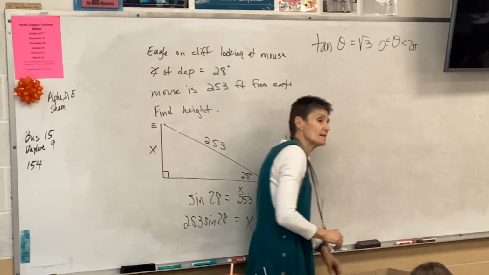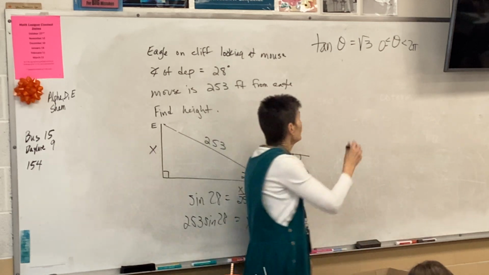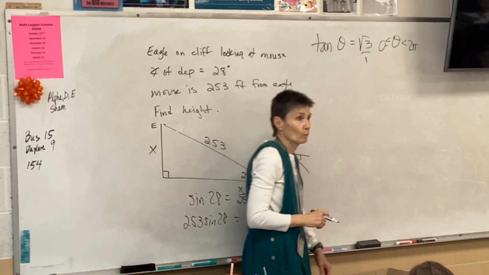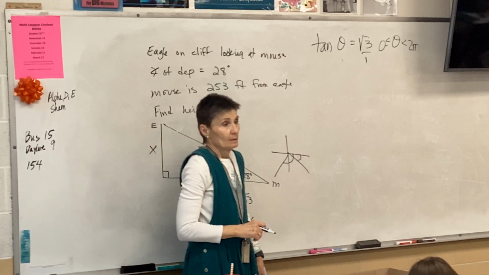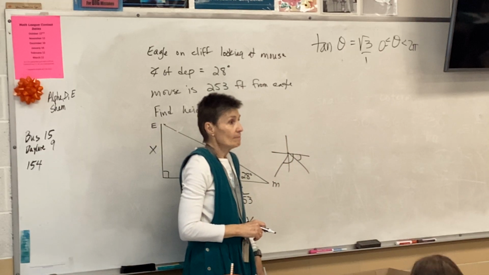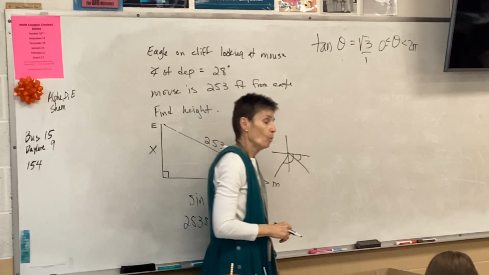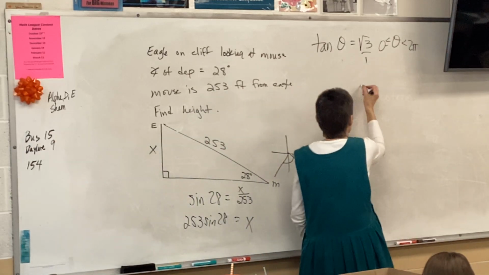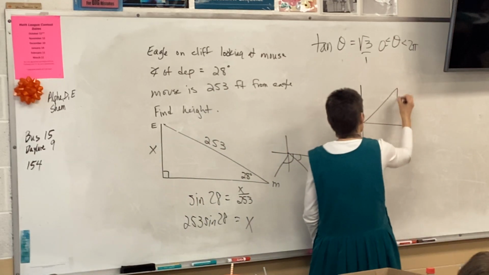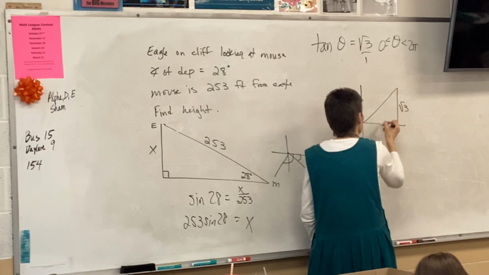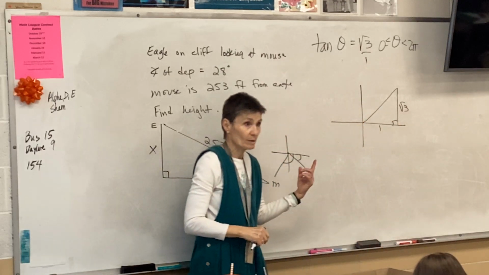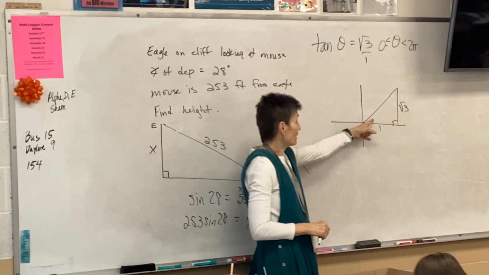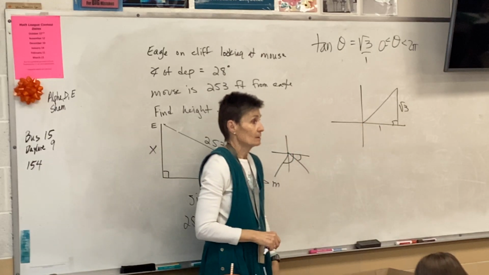We want to know what is the angle whose tangent would be √3 over 1. Okay? So think about that. What would the triangle look like if the tangent was root 3 over 1? So how big would that angle be right there?